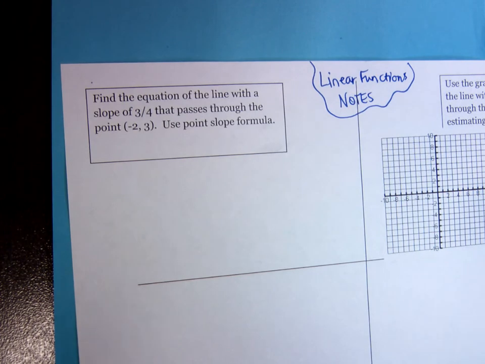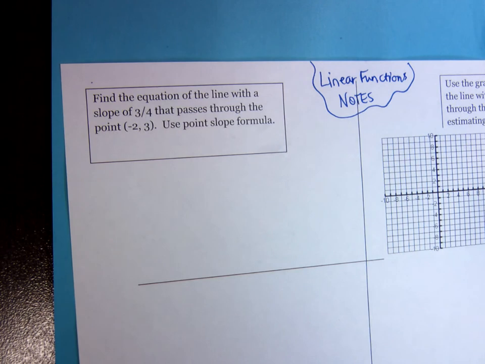We have done one of these before when we did our Frayer model on systems of equations, and one on quadratic equations, where we were given the same information or the equation, and you had to do 3 or 4 different methods to get the same answer, okay? So we're going to do that same thing here today. We have the same information, but we're going to get the answer a different way, 4 times, 4 different ways, okay?